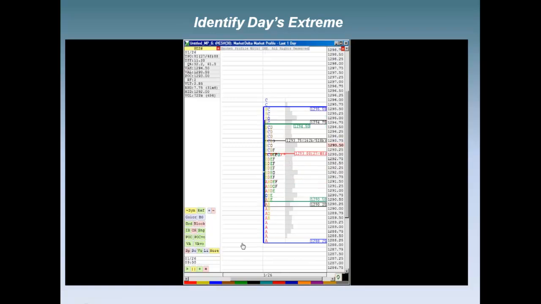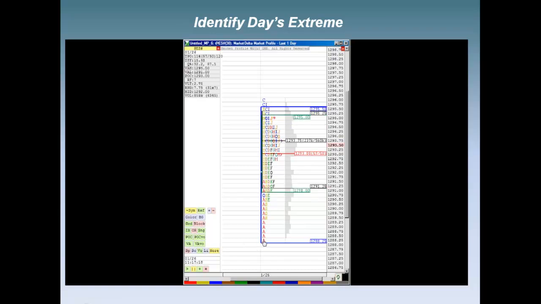All right, we never broke that low. So you need to develop the skill in being able to identify the extreme for each day. And it really is not a difficult skill. You basically need to analyze the two initial periods relative to one another.